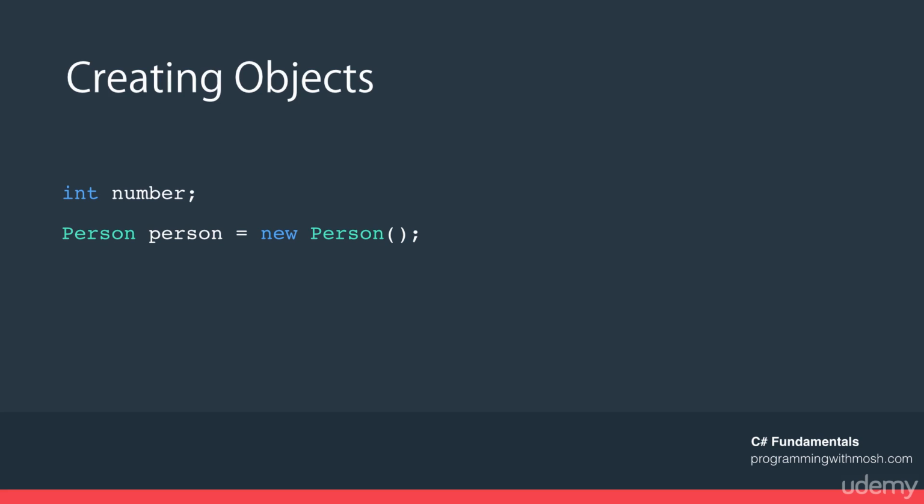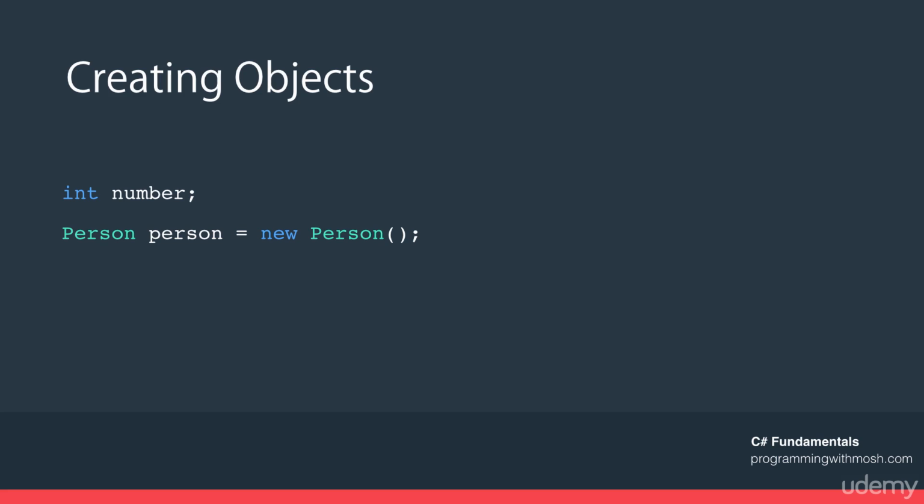But the good thing is, unlike languages like Objective-C or C++, you do not have to worry about deallocating that memory. CLR, or Common Language Runtime, will take care of that for you. It has a process called garbage collection, which automatically removes all objects that are not used.